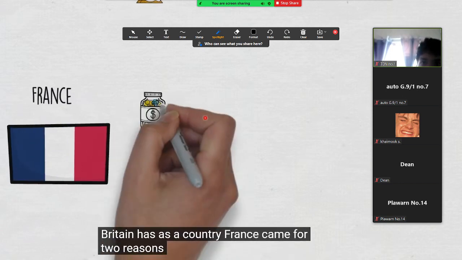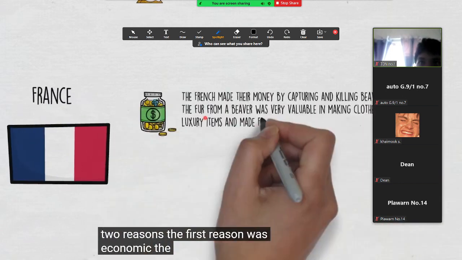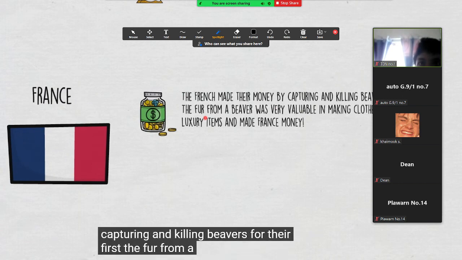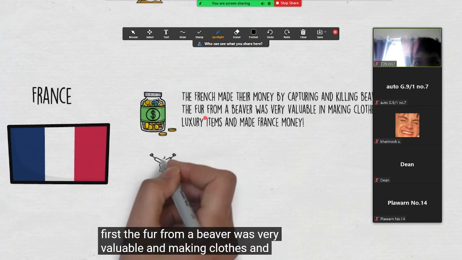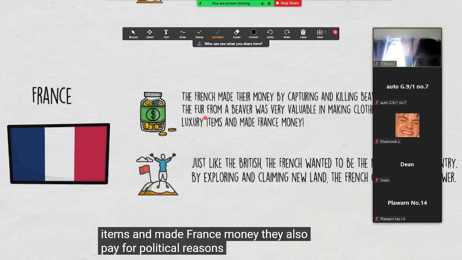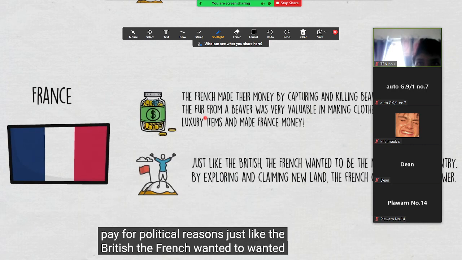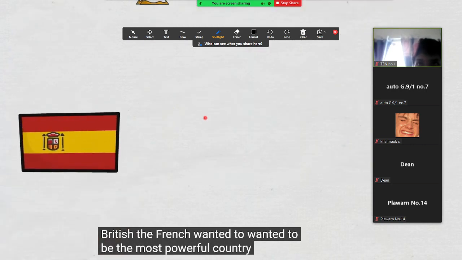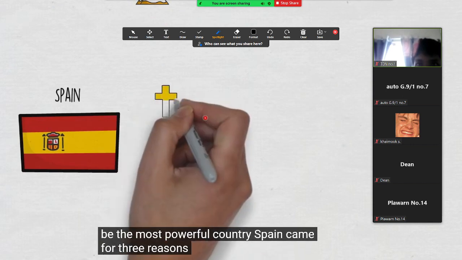France came for two reasons. The first reason was economic. The French made their money by capturing and killing beavers for their furs. The fur from a beaver was very valuable in making clothes and luxury items and made France money. They also came for political reasons. Just like the British, the French wanted to be the most powerful country. Spain came for three reasons as well.